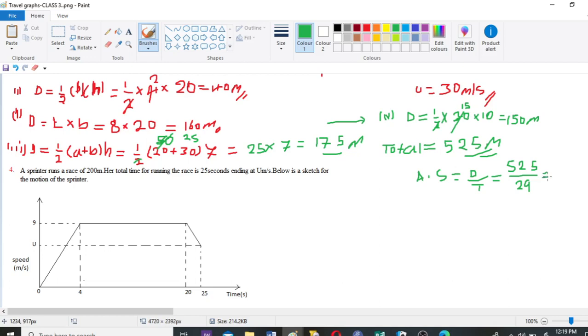If you divide by 29, you are getting 18.1034444, and the numbers continue. So we can round this off to 18.1, it's just 0.1 meters per second. It is the speed, isn't it?